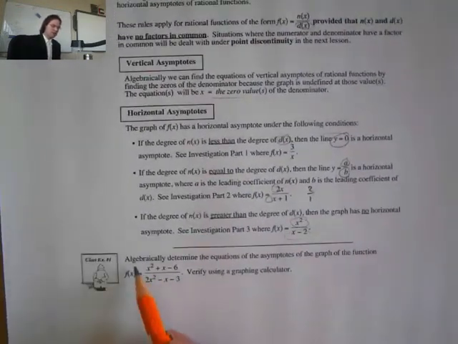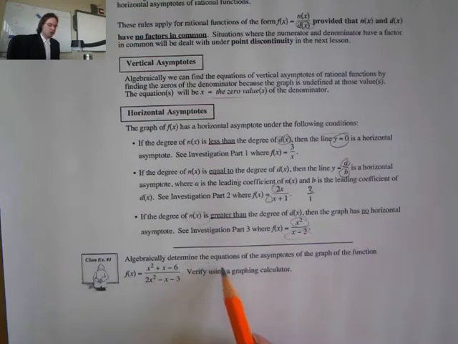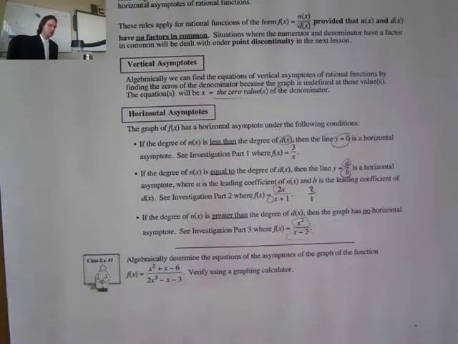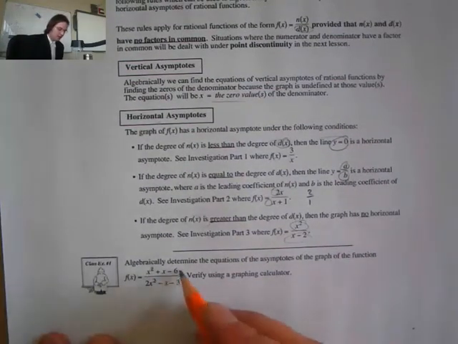Now, let's take a look at this last example. Algebraically determine the equations of the asymptotes of this function. So I look at this, it's the same degree. If it's the same degree, I kind of already know my horizontal. Alright? So, let's take a look at this here. I'm going to start factoring each one.